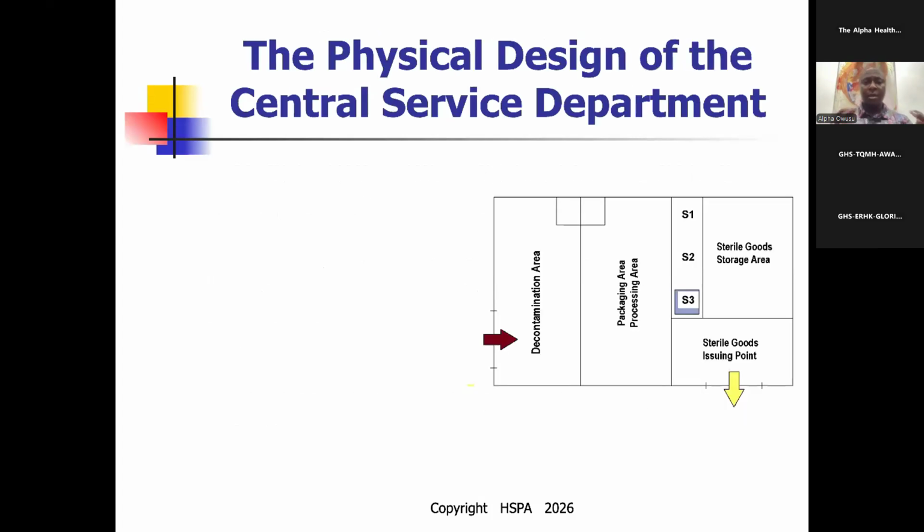Okay. There should be a clear workflow, where each department, the central sterile department meaning the different departments under one roof, is separated from the other. The decontamination area should have a physical block to the prep and pack area.